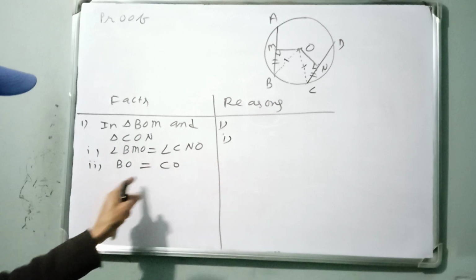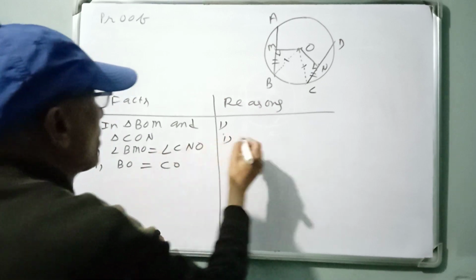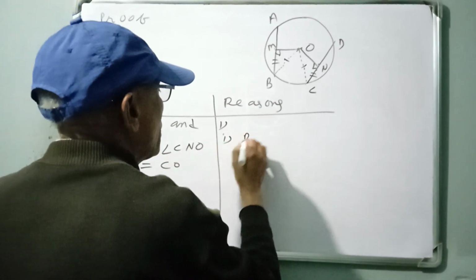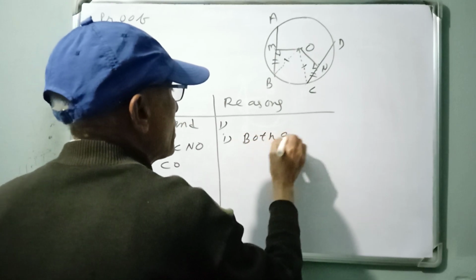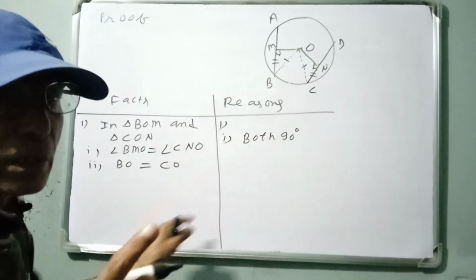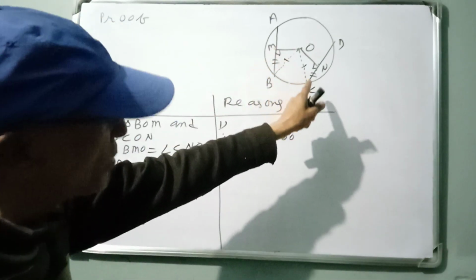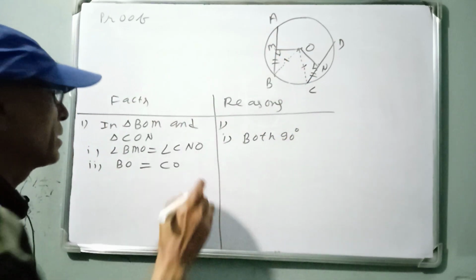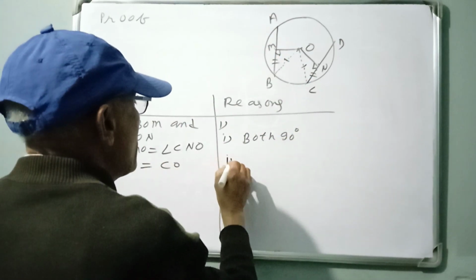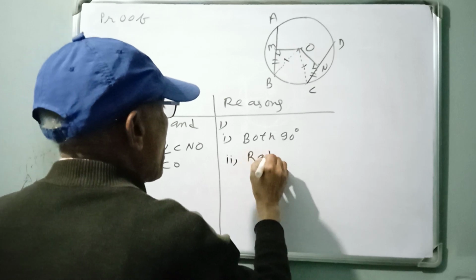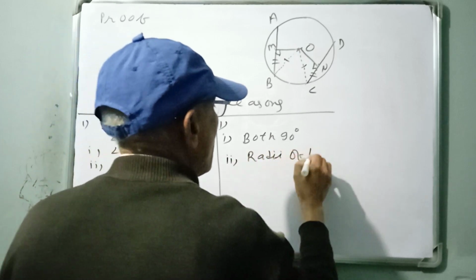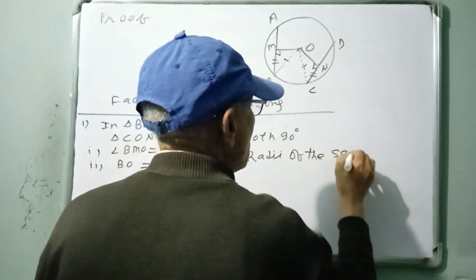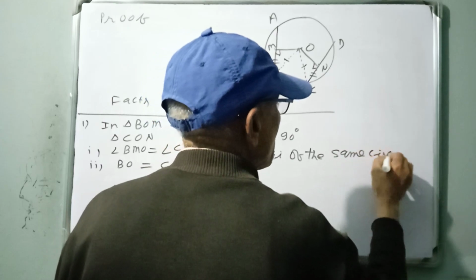Right angle, hypotenuse. Why is the right angle equal? Both are 90 degrees. That is given. Distance here means perpendicular distance. BO equals CO. Why? Radii of the same circle.